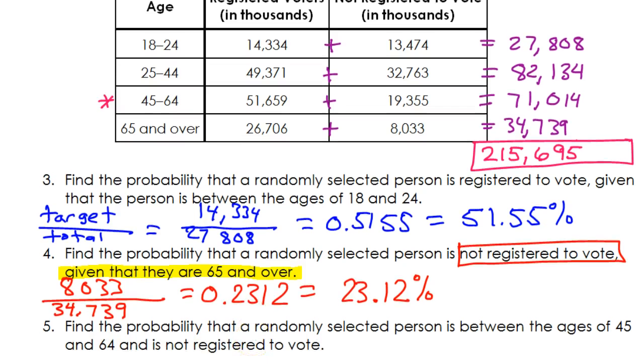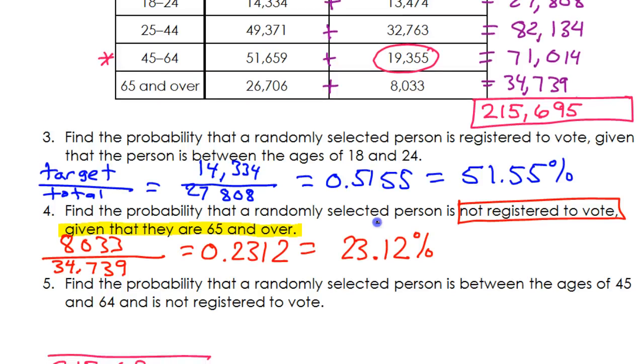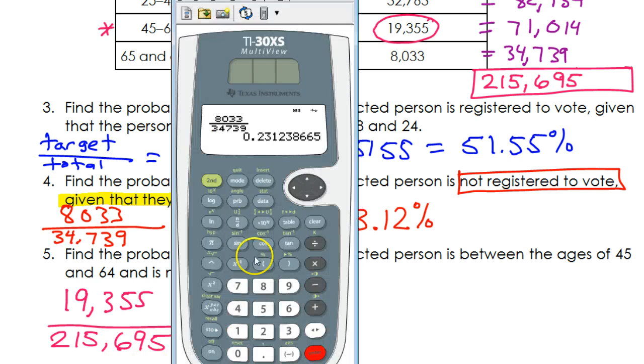And is not registered to vote, that puts us in this column. So this is the number of people that fit that description. They're in this age range and they're not registered to vote. So this is my target number. So target over total means we're going to do 19,355 out of the total number of people on the chart. And that is going to give us our probability.